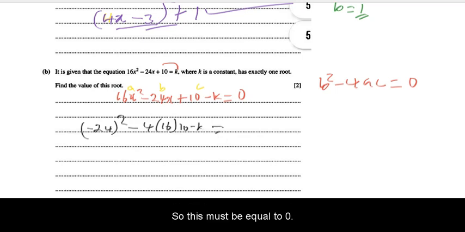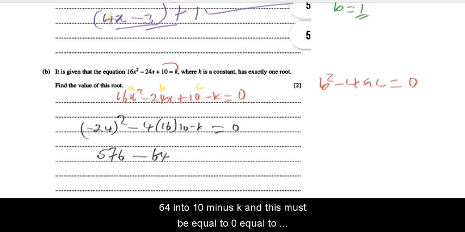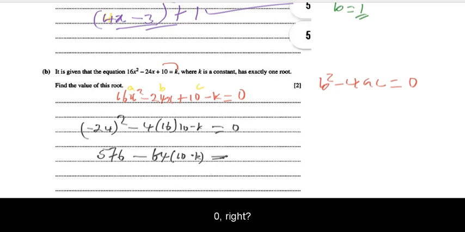So this must be equal to 0. Negative 24 squared is 576, minus 4 by 16 gives us 64, so 64 into 10 minus k, and this must be equal to 0, right?